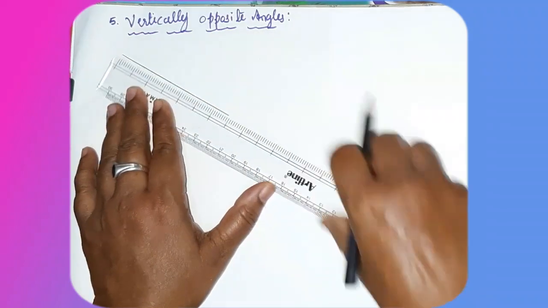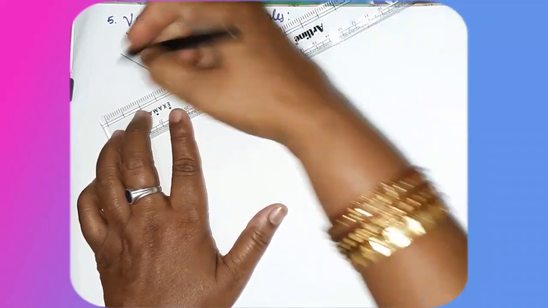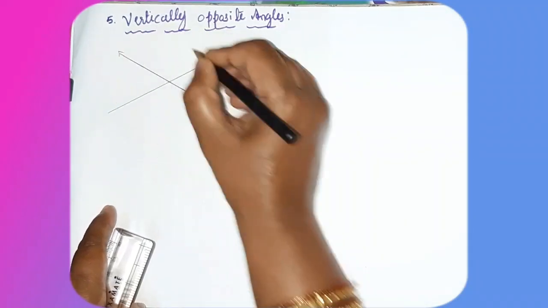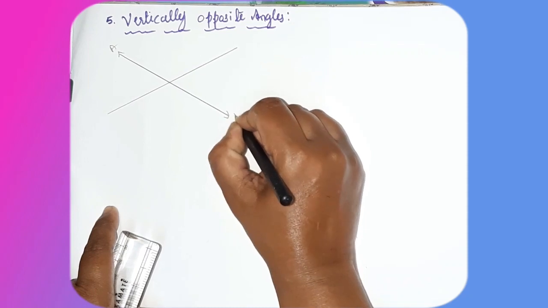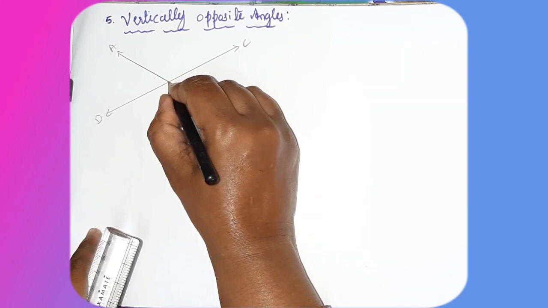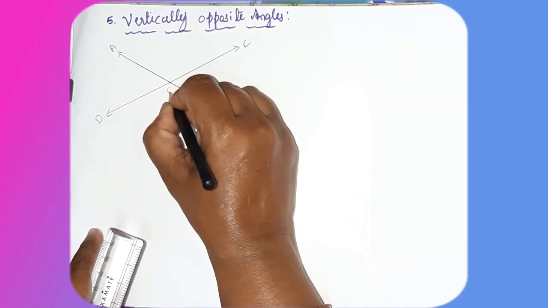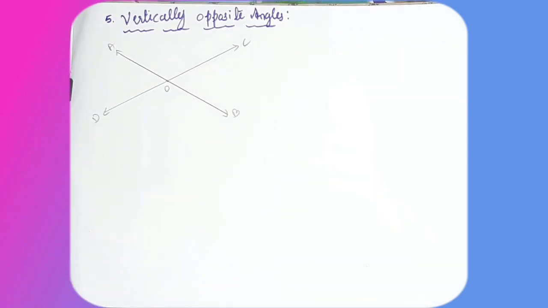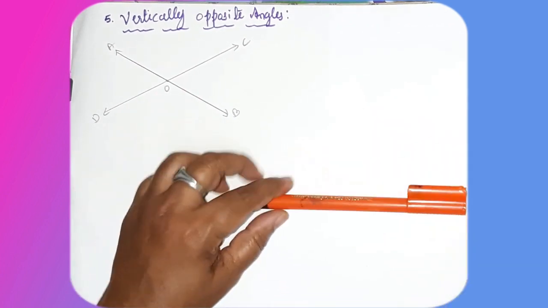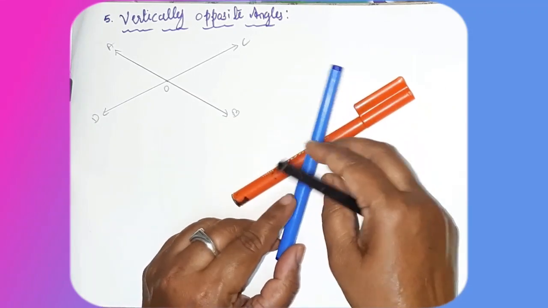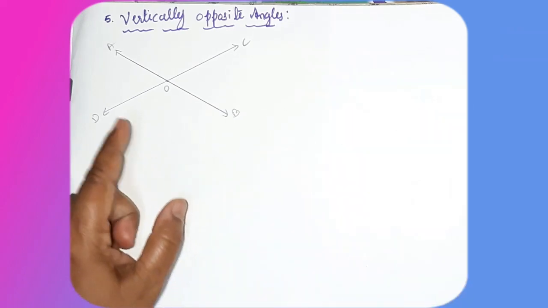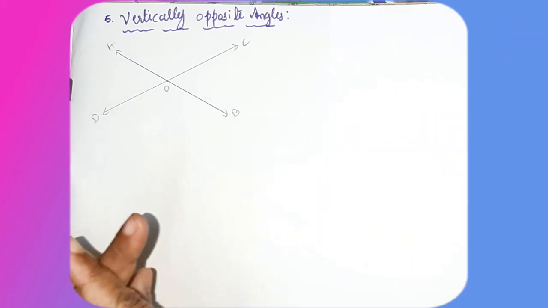Now I am drawing here two intersecting lines. This is one line and this is another line. This line is called AB, and this is CD. Here two lines are intersecting, that means meeting or cutting at point O. This is point O, the point of intersection, where they are meeting and cutting each other.